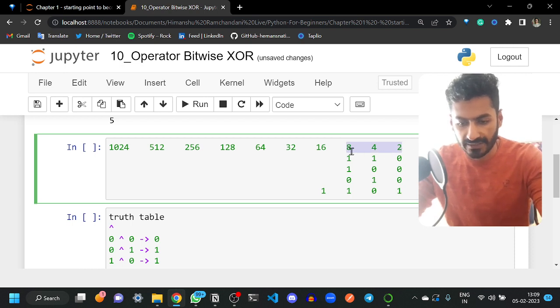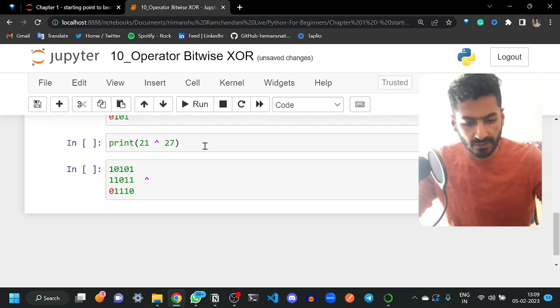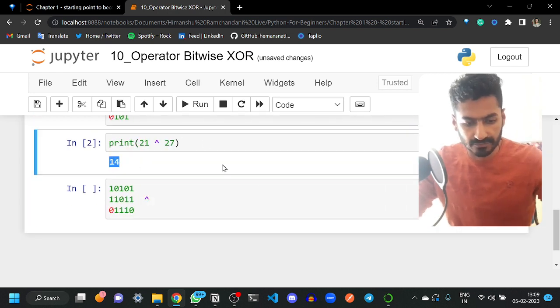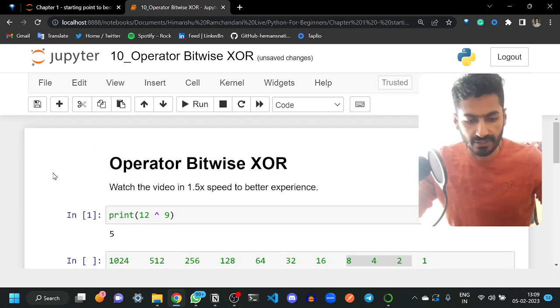Put any number of zeros in front of them, it doesn't matter, just like in mathematics. Add these three numbers, 8, 4, 2. 14 should be the output, correct? That's it. This is how XOR works. Let's move forward.